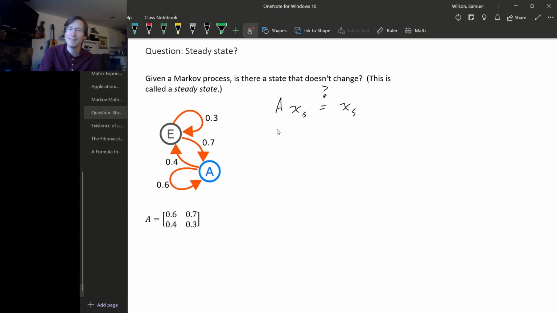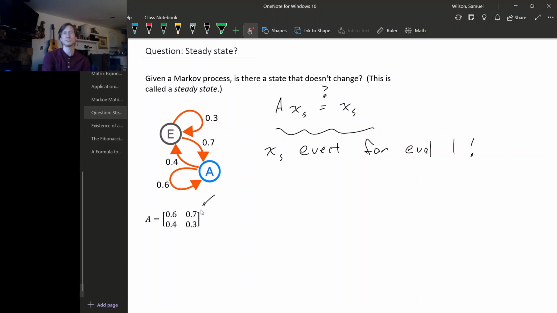Well, this is actually the equation for an eigenvector. Right? So if there is such a steady state, it's actually an eigenvector. And in fact, it's not just any eigenvector, it's an eigenvector for the eigenvalue 1.